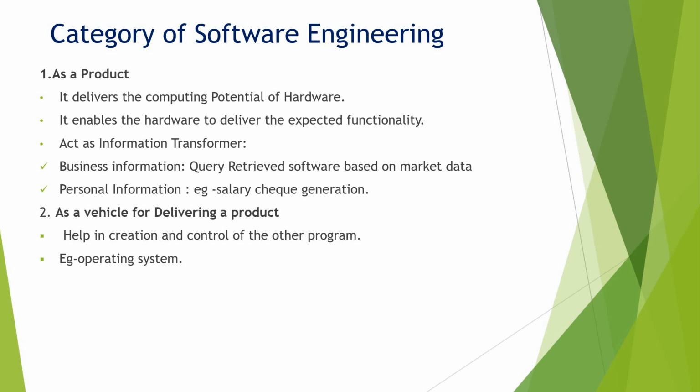Business information is related with query retrieval software based on market data, and personal information, for example, is salary check generation. And the second thing is as a vehicle for delivering a product, that means help in creation and control of other programs. The best example of that is the operating system.